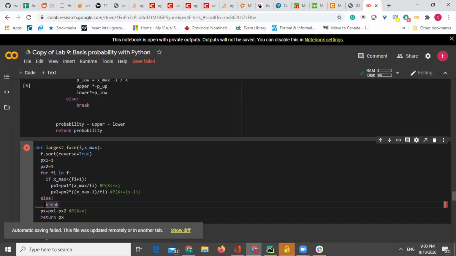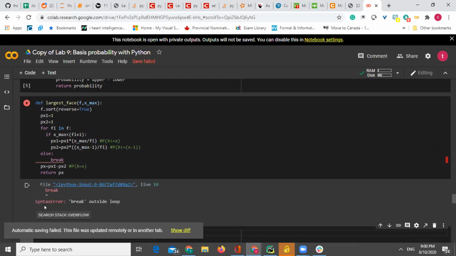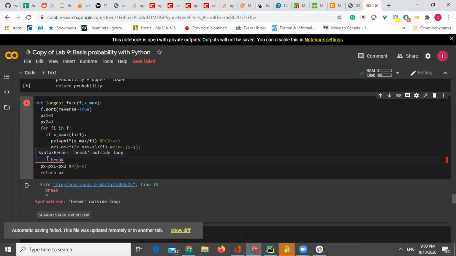The S should be indented, the S too, before the break. The else statement, indent the else statement.